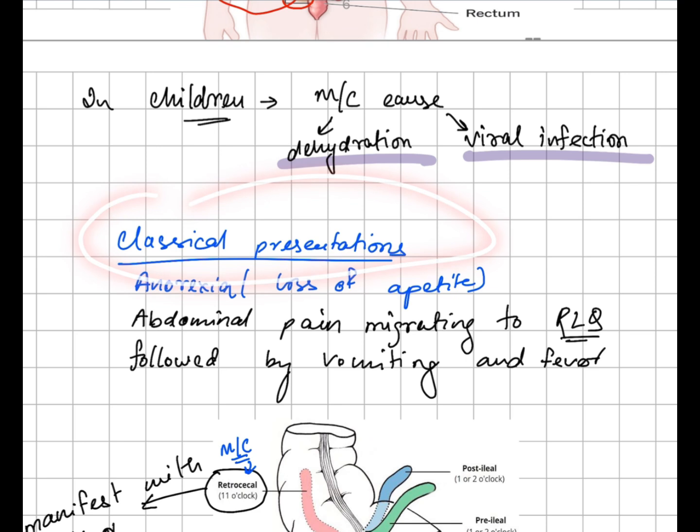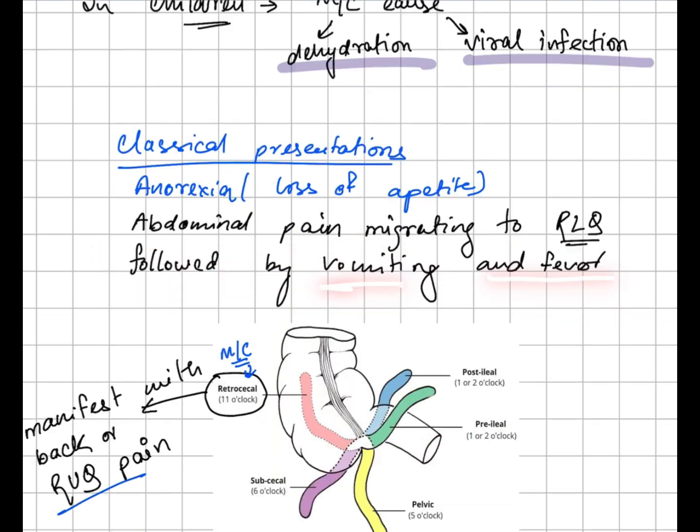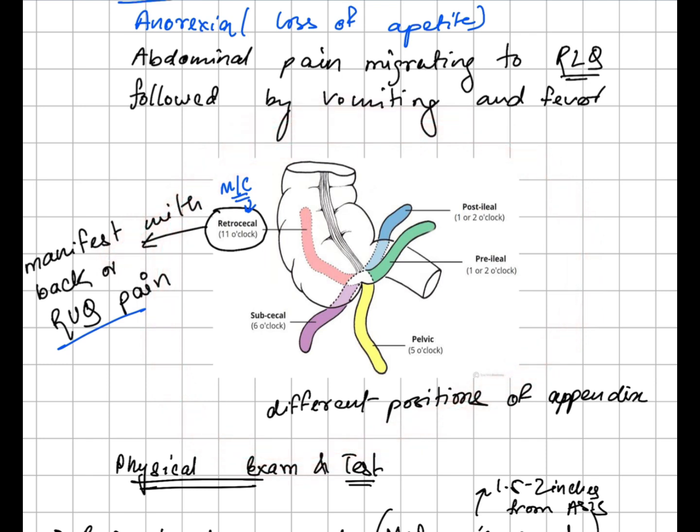Classical presentations. How will it present? Firstly, loss of appetite, anorexia, abdominal pain migrating to the right lower quadrant, followed by vomiting and fever. See, these are the anatomical positions of the appendix. The appendix may be found in various positions, but the most common is retrocecal, which manifests with back or right upper quadrant pain. In a retrocecal appendix, as you can see, it's going back.